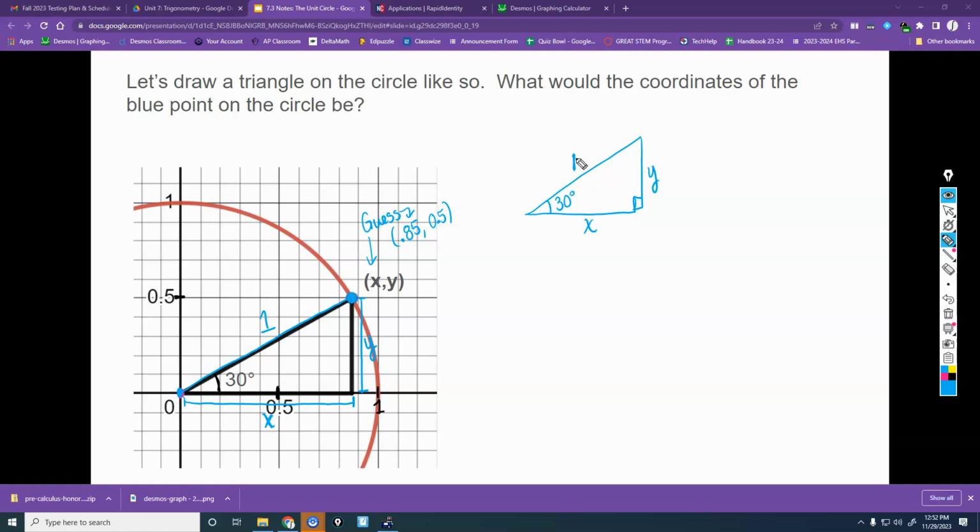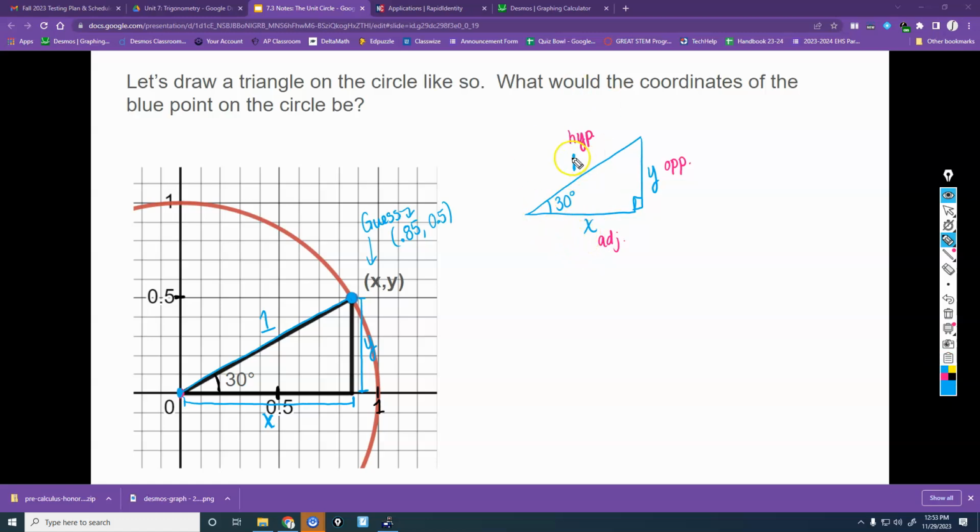So we can use trig to find the exact values of this. If I want to find x, and I'm using 30 degrees as my angle, then I would have 1 as my hypotenuse, x is adjacent, and y is opposite. Okay. So let's look for x first.